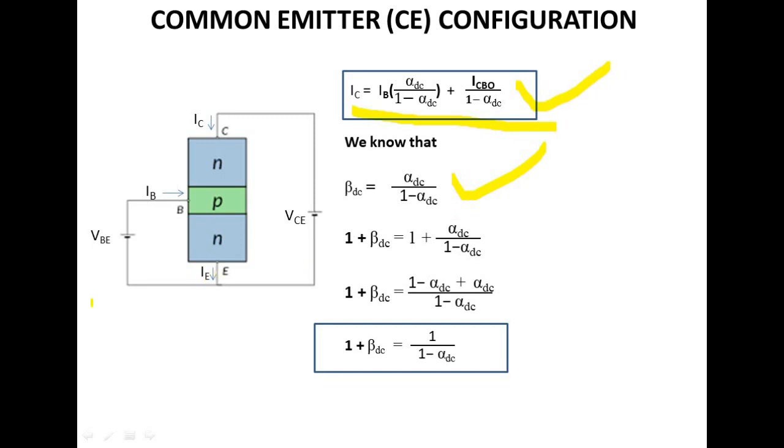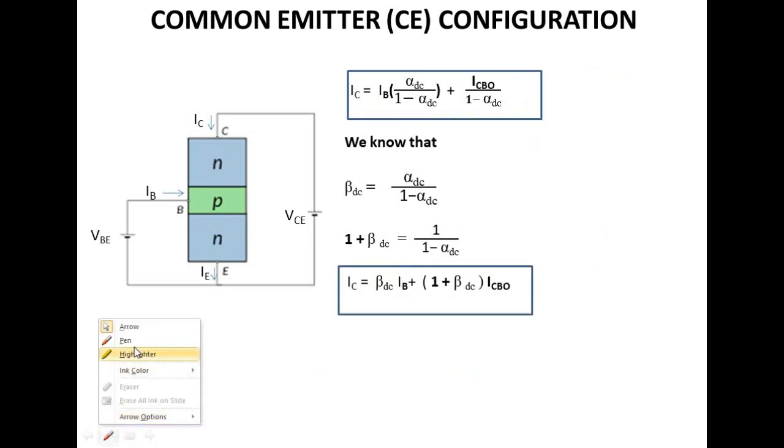That is 1 plus beta DC is equal to 1 plus alpha DC upon 1 minus alpha DC. So 1 plus beta DC is equal to 1 minus alpha DC plus alpha DC upon 1 minus alpha DC. Alpha DC and alpha DC will be cancelled out. So we have got 1 plus beta DC is equal to 1 over 1 minus alpha DC.